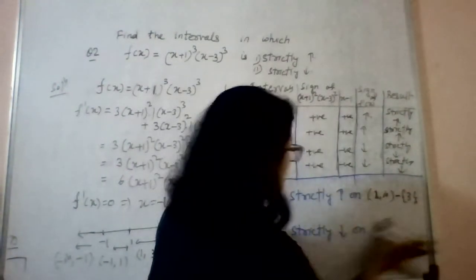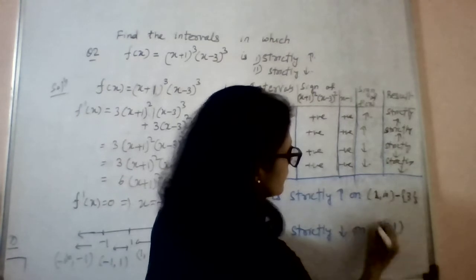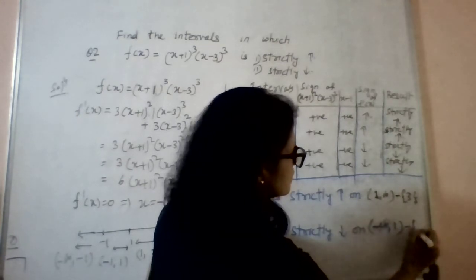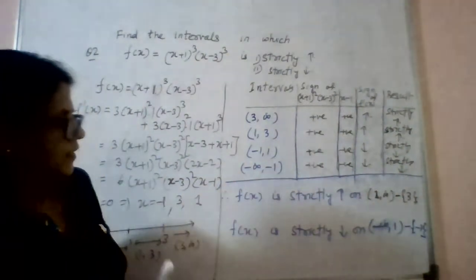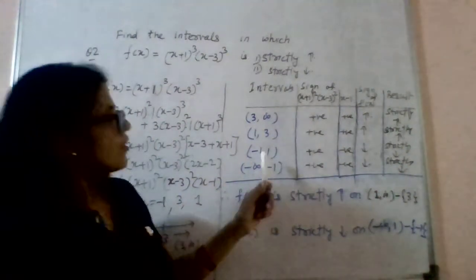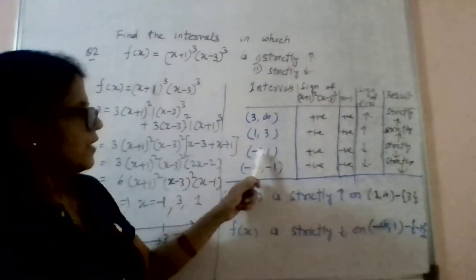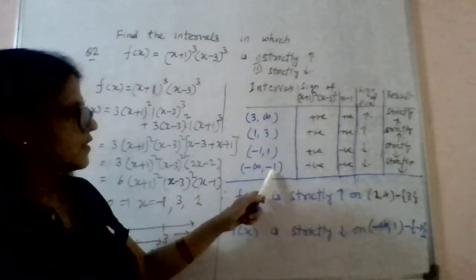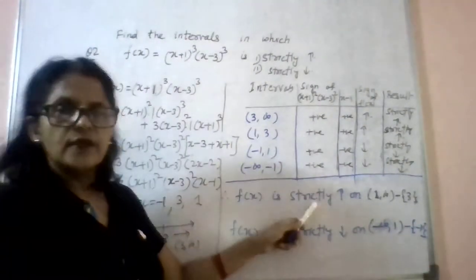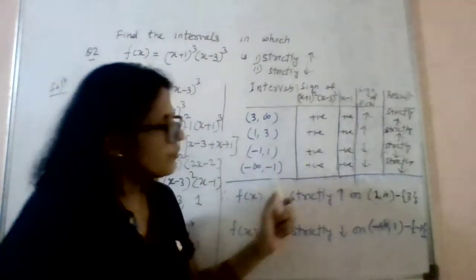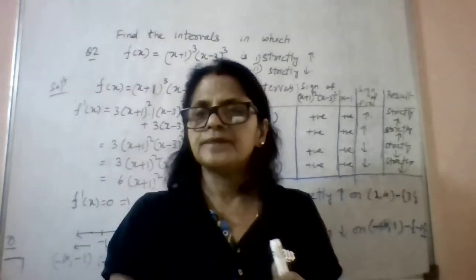So basically strictly increasing like this, or you may write also 3 to infinity union 1 to 3, then minus 1 to 1 union minus infinity to minus 1. Writing like this or like this, it is the same thing. So basically the polynomial functions you can try like this.